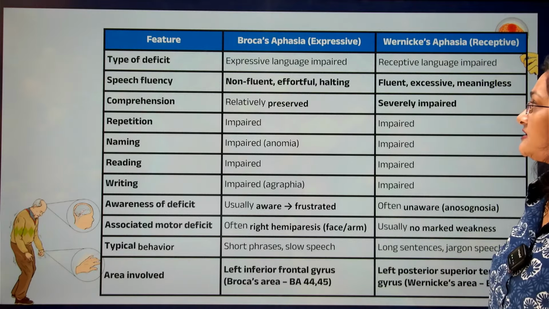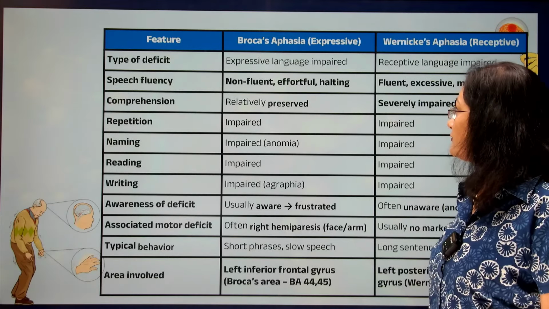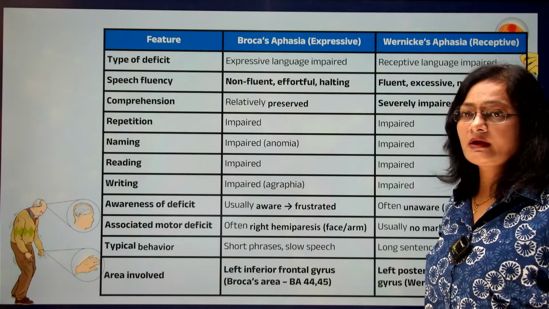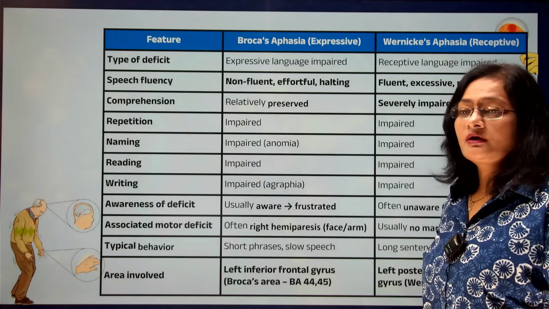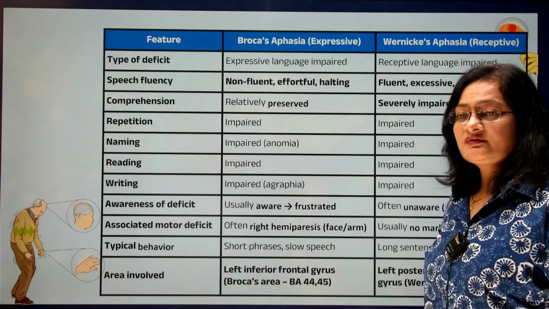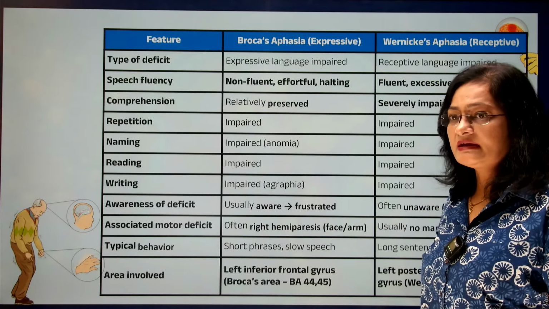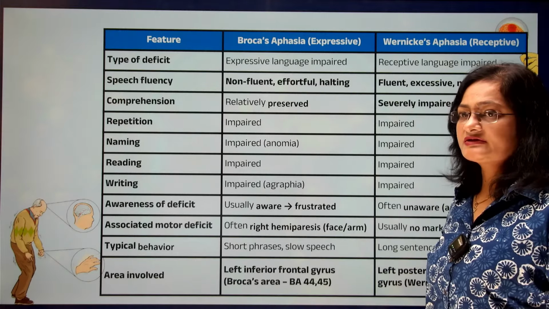Speech fluency: in Broca's aphasia, speech is non-fluent, effortful and halting, meaning the patient has difficulty speaking and speaks in a non-fluent way. In Wernicke's aphasia, the patient speaks fluently, but it is sometimes meaningless, not a proper kind of conversation.